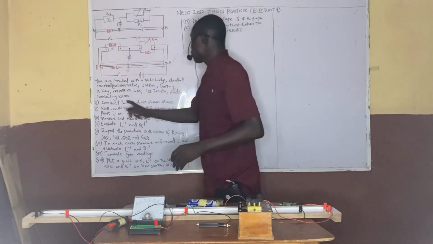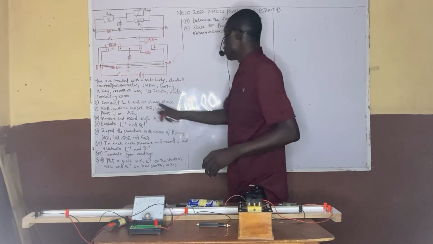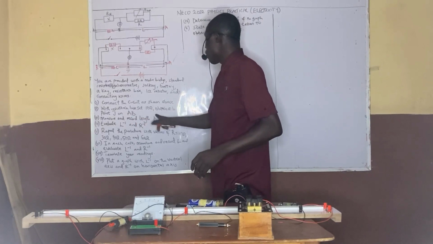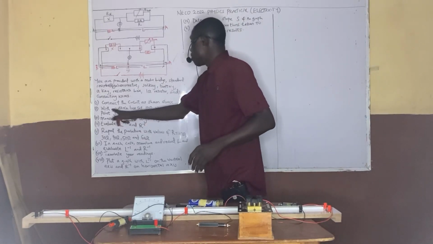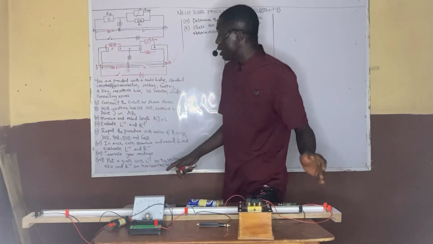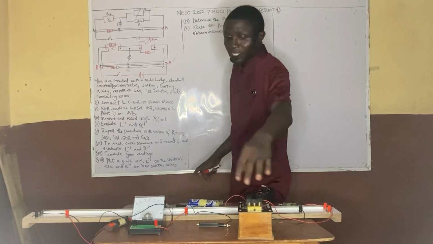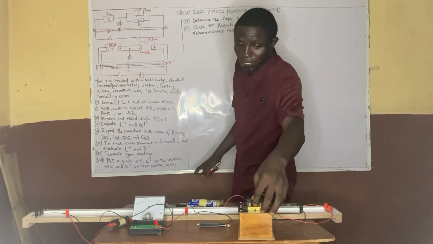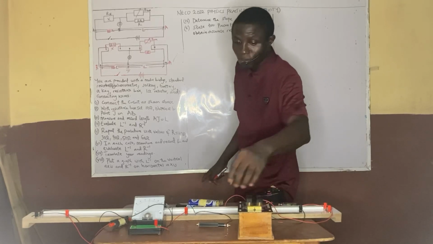Now, having connected the circuit as shown above with resistance box set to 10 ohm, obtain a balance point J on AB. We have to obtain a balance point J after setting our resistance box to 10 ohm, which I'm going to do now. This is the 10 ohm resistor; I will remove it.